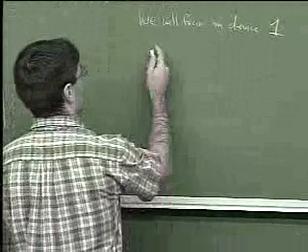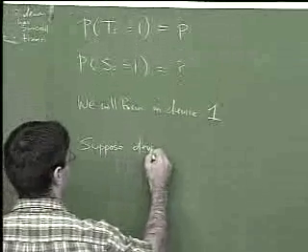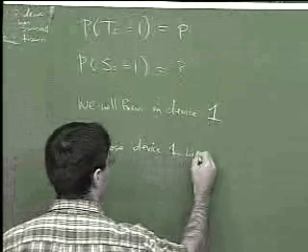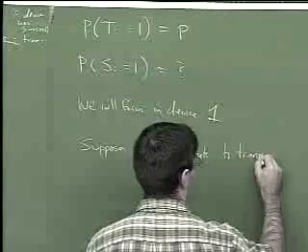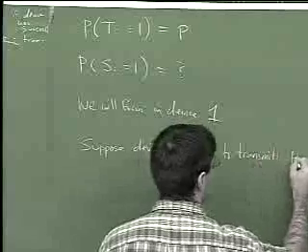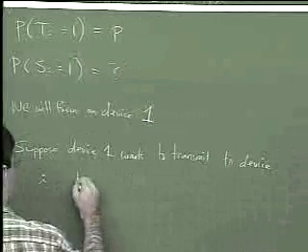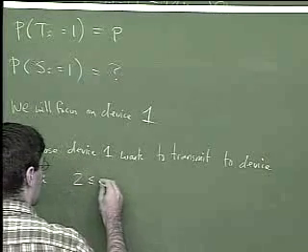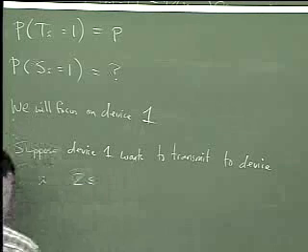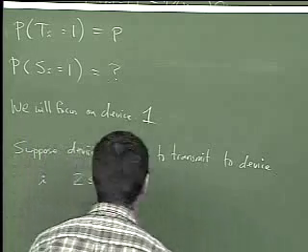So suppose device 1 wants to transmit to device I, where, well, it's not going to transmit to itself. Where 2 is less than or equal to, well, yeah, before I say this.